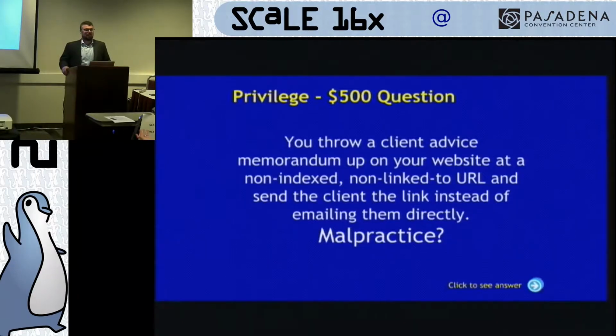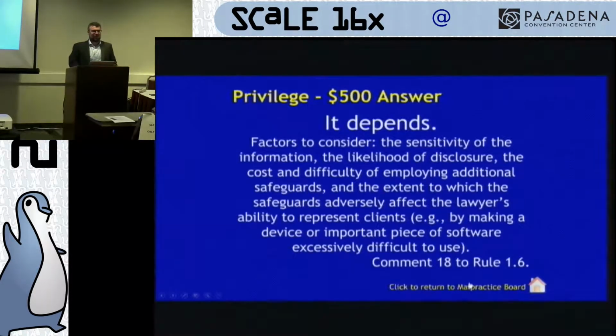I think we've danced around this long enough. The answer is all of your instincts are correct. It depends. And the question is, have you been reasonable or not in your use of electronic means to protect privilege?